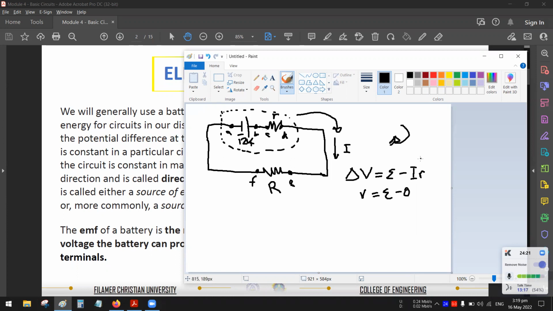Di ba? Kung 0 yung current, so multiply mo siya sa internal resistance, so obviously 0. So yung voltage mo is just equal to your electromotive force. Okay, so the EMF is the voltage labeled on the battery. So let's say 12 volts, no? So therefore, yung EMF mo is 12 volts man.